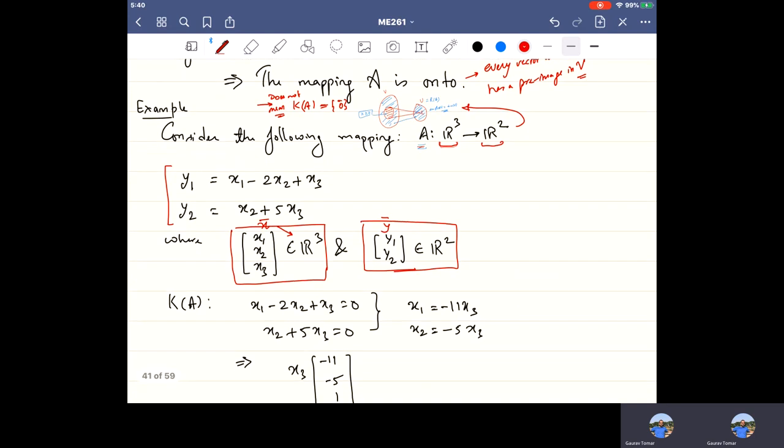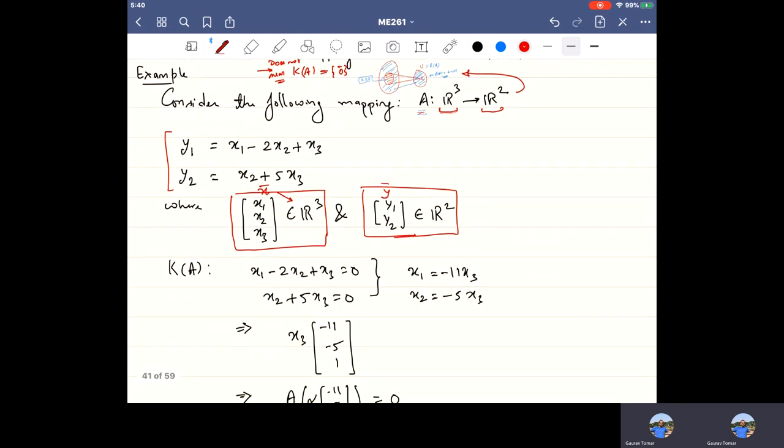To get the kernel of A, we look for the mapping to go to 0. That means y1 is 0 and y2 is 0. And then we look for the possible values of x1, x2, x3 for which this will be true. Clearly you will see that there are more variables than equations, so there are infinite solutions of this form.